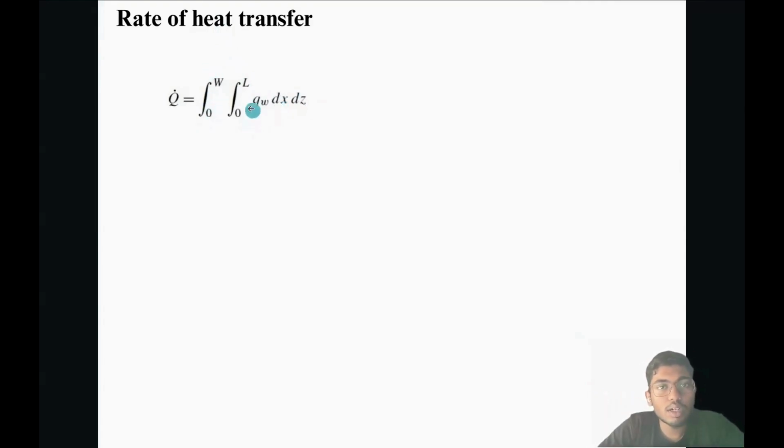So we'll integrate over x-axis and z-axis, not y-axis, because the plate is in this plane. So we'll integrate it over x and z-axis, from 0 to L and from 0 to W. This is our equation for flux.